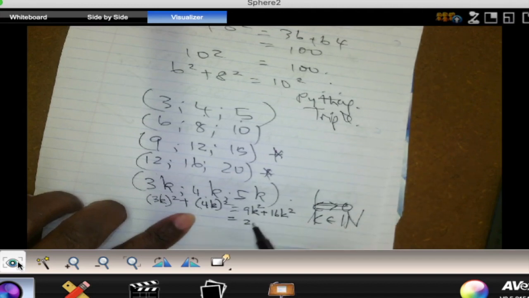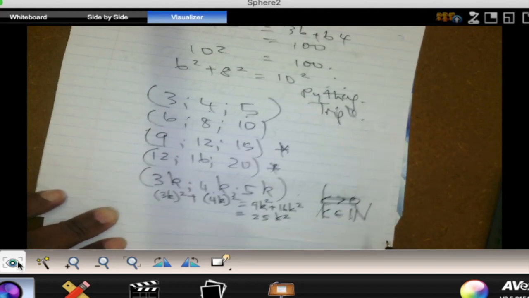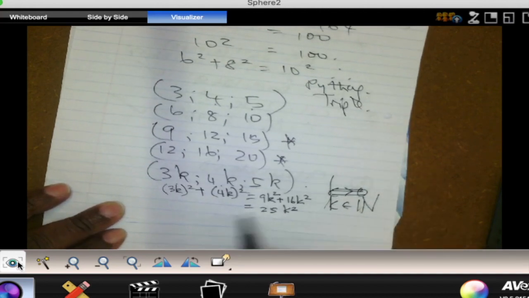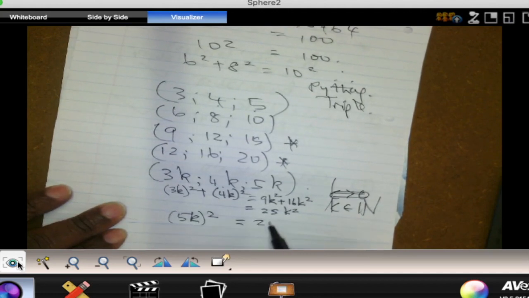Simplify that. You'll get 25k squared. Right, now take the longest side, which is 5k. So if you take 5k and you square it, you will also get 25k squared. Okay.